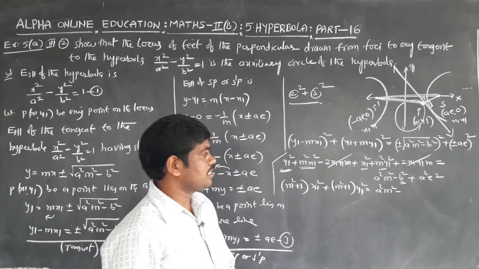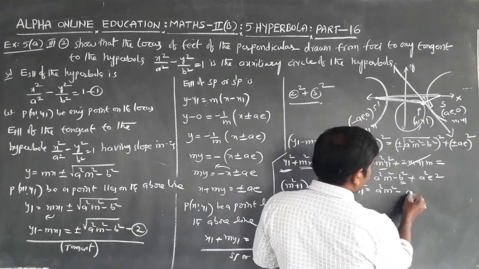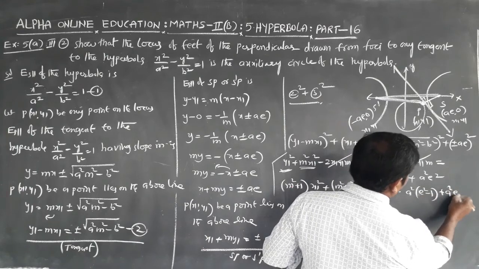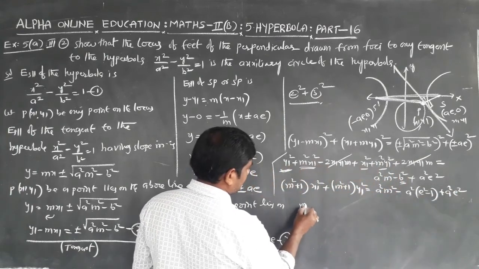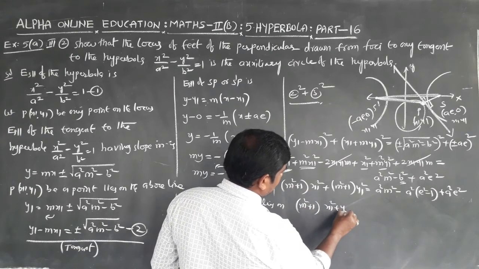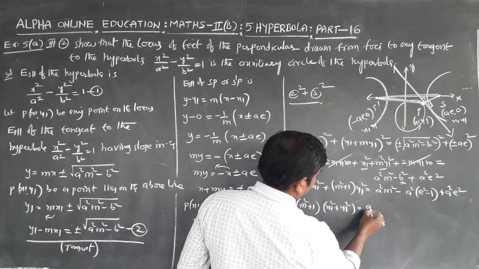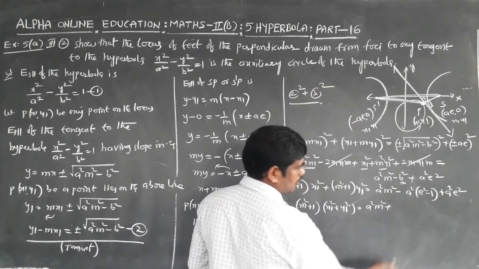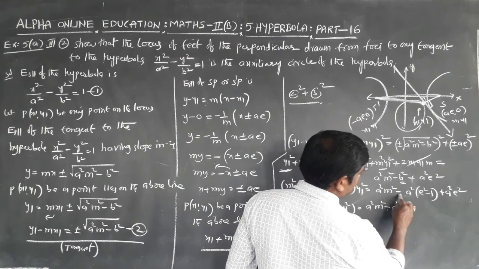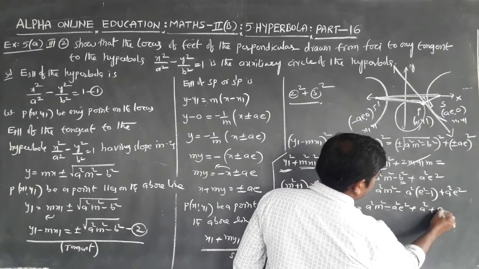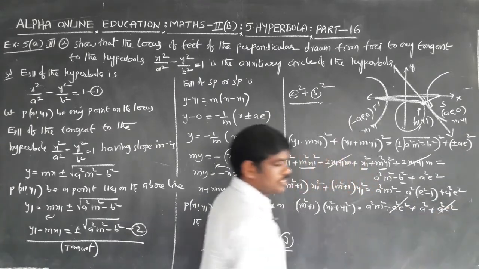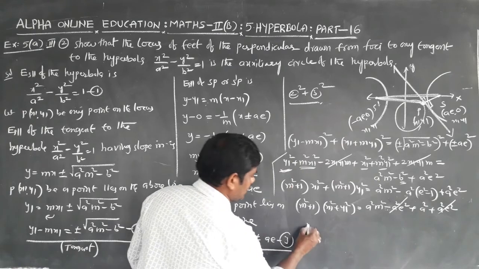Here b square is equal to a square into (e square minus 1). Again, m square plus 1 common: x1 square plus y1 square equal to a square m square minus a square e square plus a square plus a square e square, so a square e square and minus a square e square cancel.